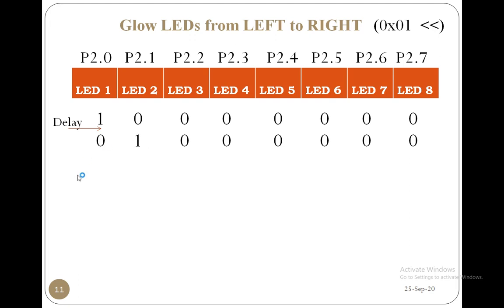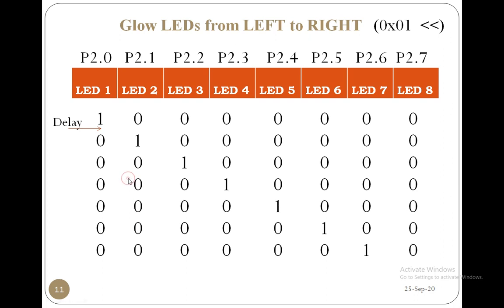Again after 1 second we pass the next bit pattern. So this LED glows first, then this one, and then this one; like this the glowing of the LEDs moves from left to right. The important point here is that I am giving the bit patterns by using delays.